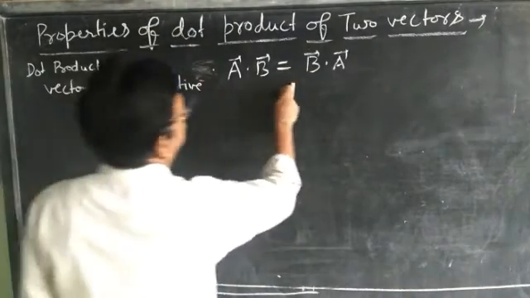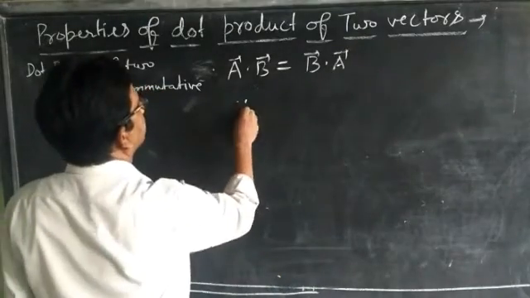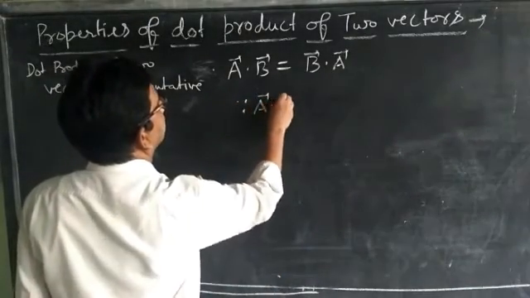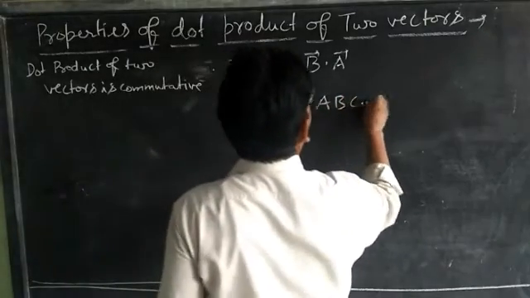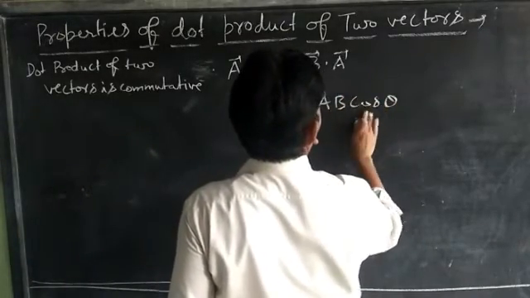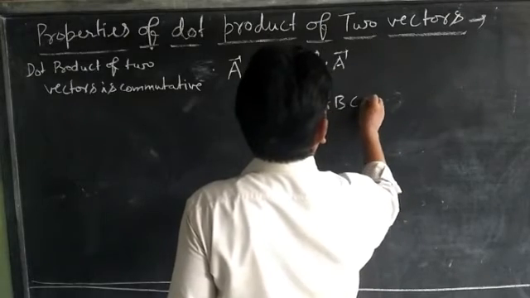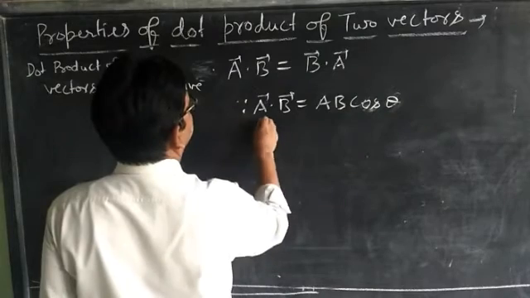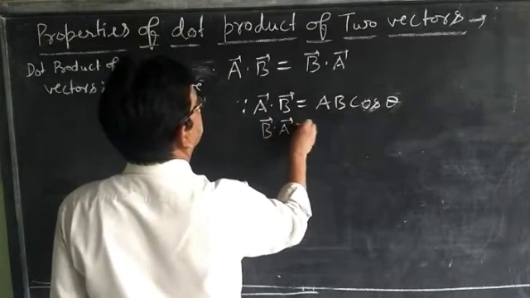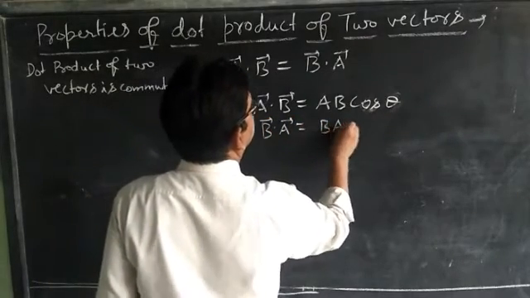A dot B is equal to B dot A, since A dot B is equal to AB cos theta, and B dot A is equal to BA cos theta.